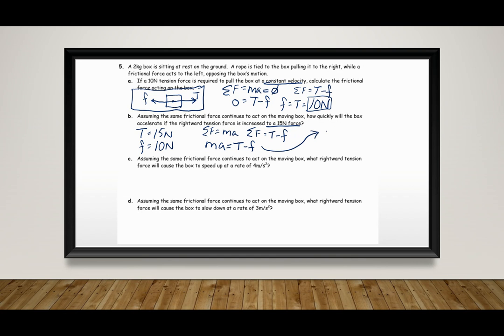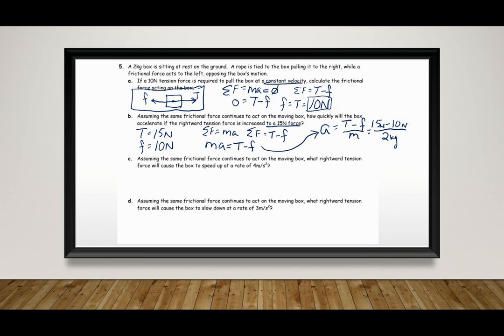Okay, so we have acceleration. I'm going to bring this up over here. Acceleration is equal to tension minus friction divided by mass. So we have 15 minus 10 newtons divided by 2 kilograms. Okay, so we get 5 divided by 2.